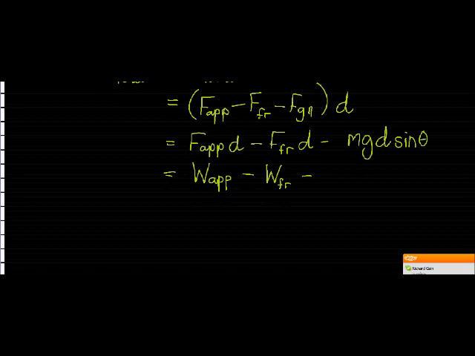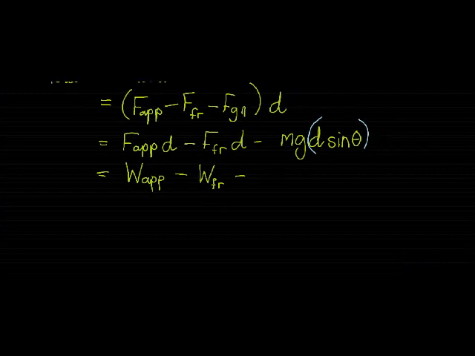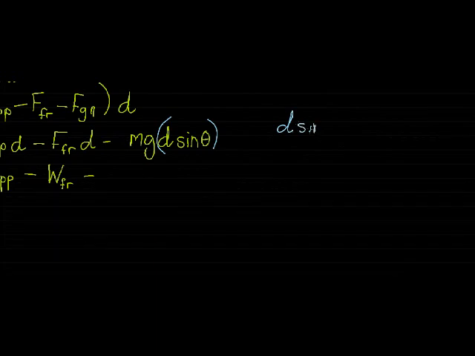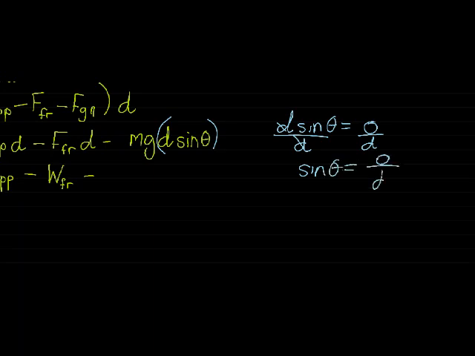But before we continue with that, let's look at something very curious. If I look just at these two factors, d times sine theta, and calculate that value, I get a value, let's call it O. We'll see why I choose O in a minute. Dividing both sides by d, I see that sine of theta is equal to O divided by d.